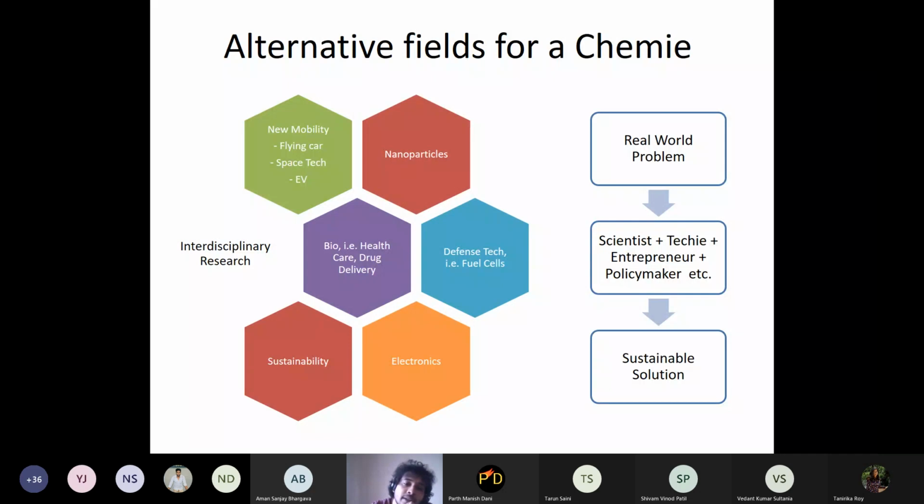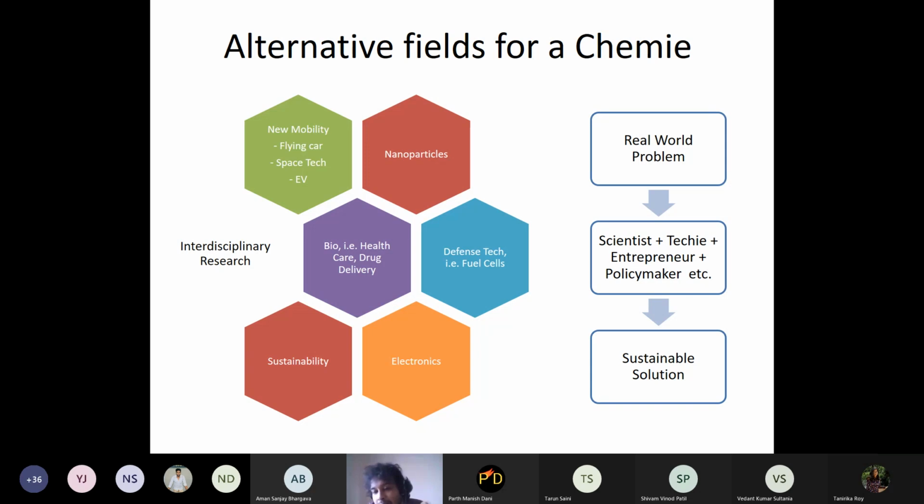Second is new mobility. If we look at the flying car, space technology, or EV, it is a big area. Electric vehicles are also linked with lowering carbon emission, but the batteries we design involve lots of electrochemistry applications, and designing a battery and then scaling it up requires knowledge of chemical engineering along with automotive, electrochemistry and composites.